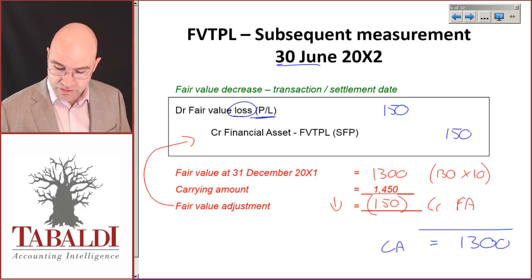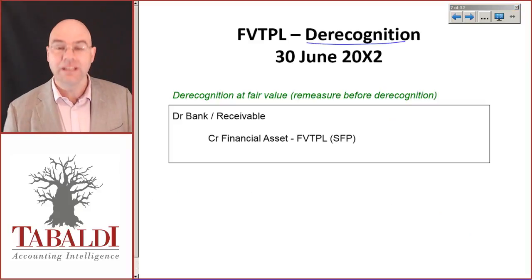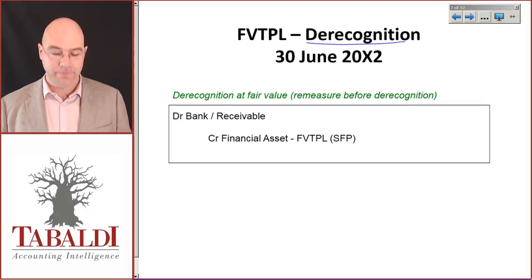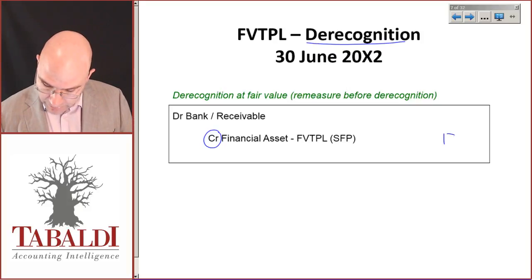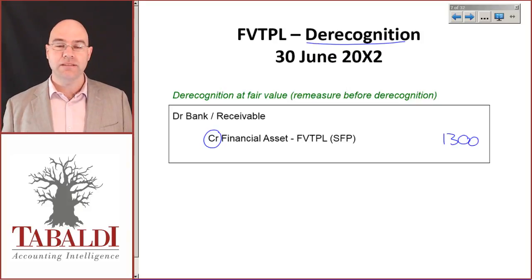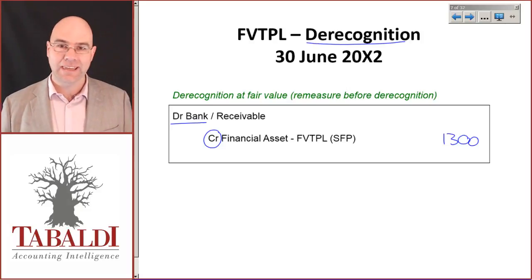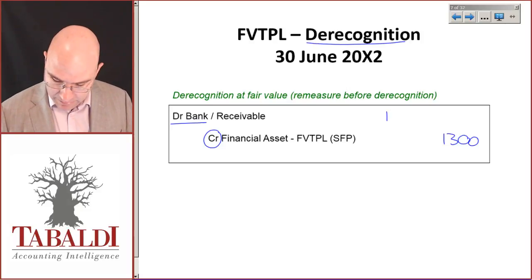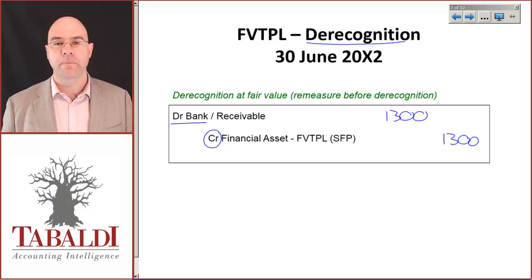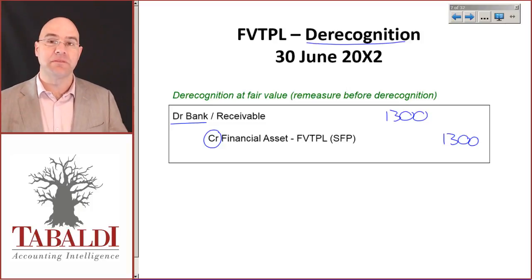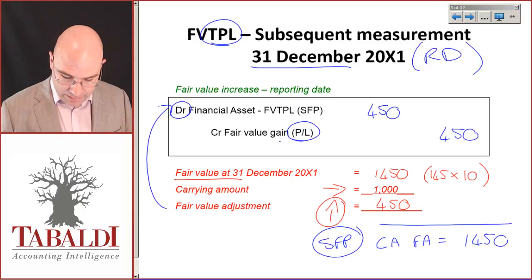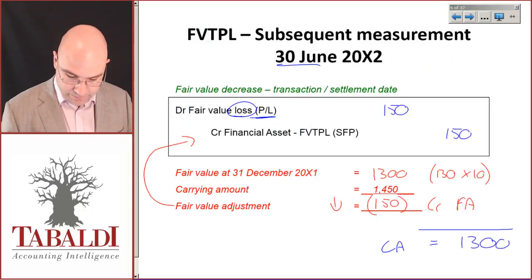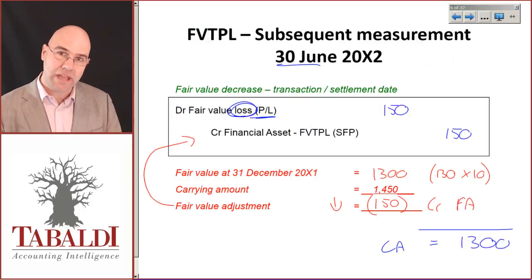And I'm going to move on to the next one where I actually now sell the asset and derecognize it. What do I do? I credit the asset to remove the asset from my books, derecognize it, and I'm receiving cash. Debit bank, make the bank bigger. So now the financial asset has been fair valued. Those fair value adjustments, whether it be a gain or a loss, have been recorded in the correct periods.